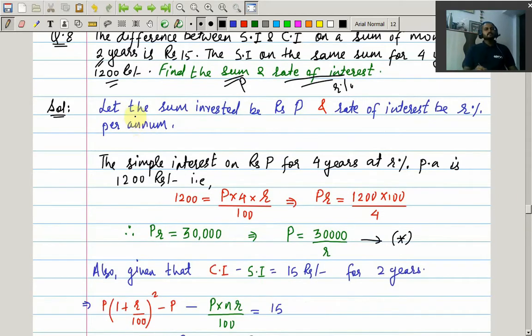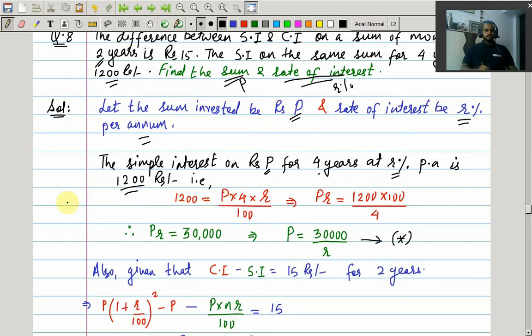So let's read the solution. Let the sum invested be rupees P at the rate of interest R% per annum. These two are unknown things. And the question says that the simple interest on that principal sum P for 4 years at the same rate R% per annum is 1200 rupees.